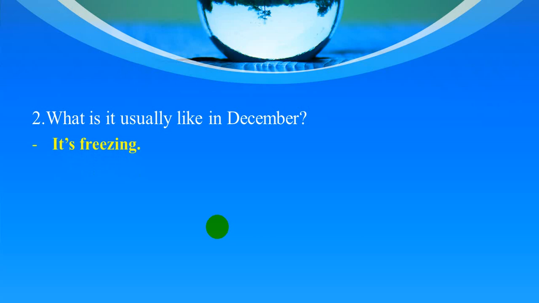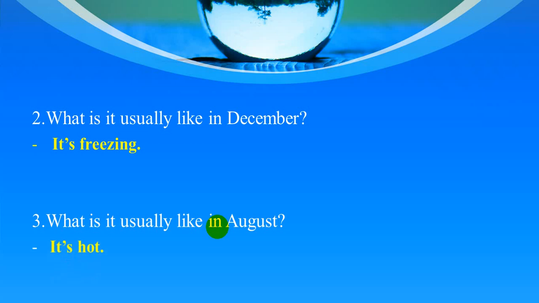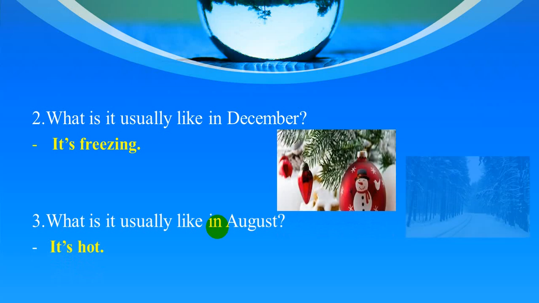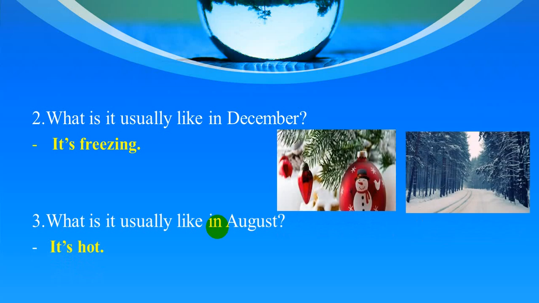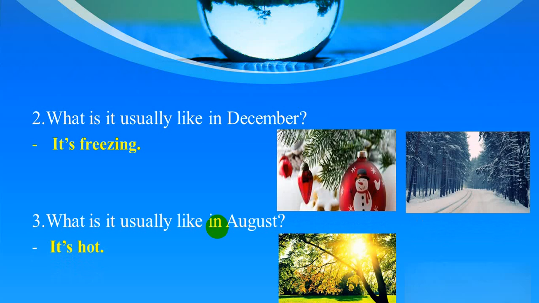Usually even Christmas occurs in December. Okay, what is it usually like in August? Of course in August there's no school. It's hot. That's why people go to the beach. So in December it's freezing. Sometimes it snows in some parts of the world. And in August it's very hot. People go to the beach.